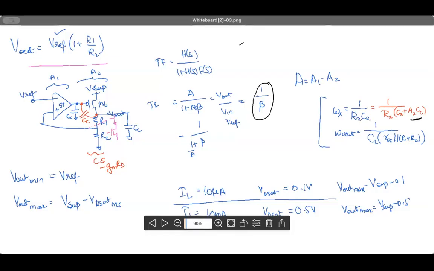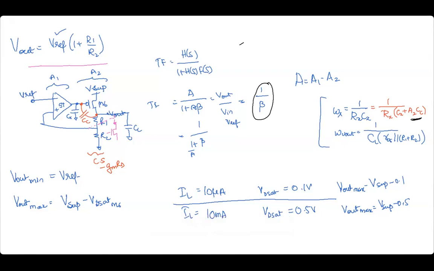If A is not very big, then there will be a 1 by A factor coming into the picture. Eventually, your Vout by Vref will not follow the required ratio. You will not get the required output, and there will be some inaccuracy. So that's the reason the gain A has to be as high as possible. Note that A is the open loop DC gain that we are talking about. It has to be very, very high. The higher it is, the better it is.